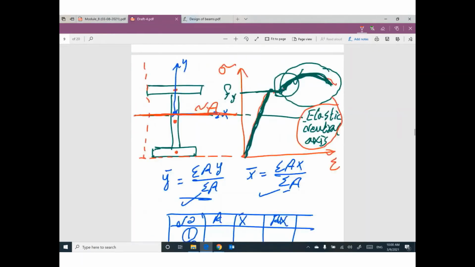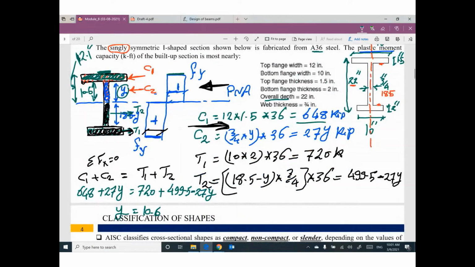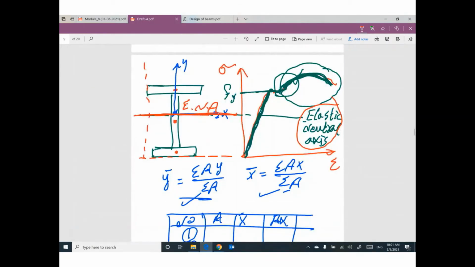Did you understand how we can figure out the location of the plastic neutral axis? Do you remember how we locate the elastic neutral axis? It's a big difference, and this problem is very important if you are planning to take the professional engineer exam. You have to understand the difference between elastic, which is a piece of cake, first step: where is the centroid?